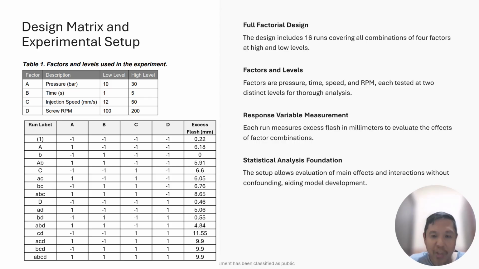For example, we suspect a higher injection pressure or speed could force material out and cause flash. The pack time and screw speed could also influence how material is packed and if excess material is being delivered. The goal is to quantify how each of these factors influences flash.